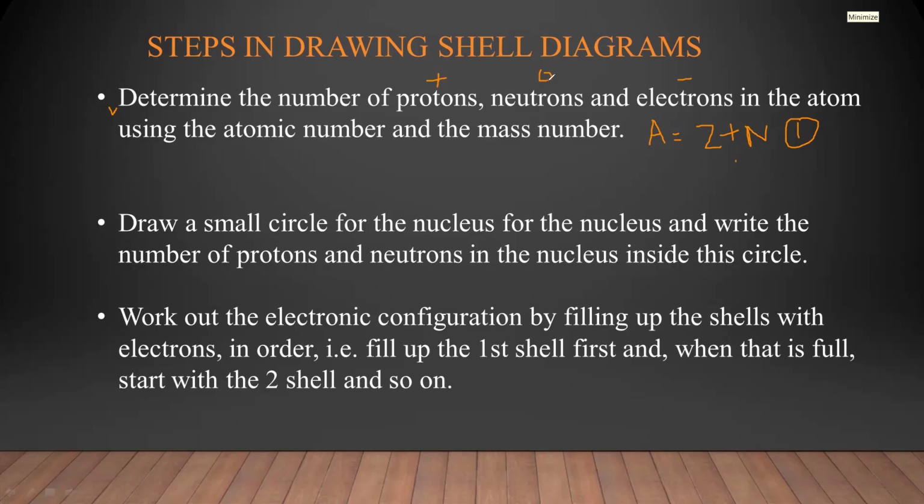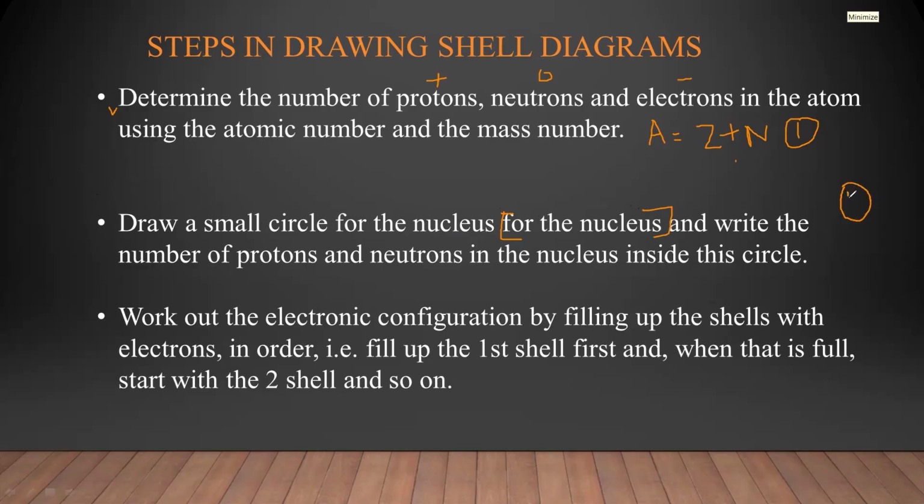The second step, you're going to draw a small circle for the nucleus. So this right here, we can take out. So you're going to draw a small circle for the nucleus and write the number of protons and neutrons in the nucleus inside the circle, which would look something like this, as you always see me drawing.